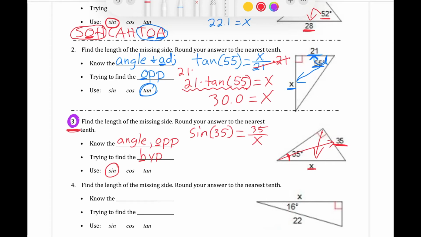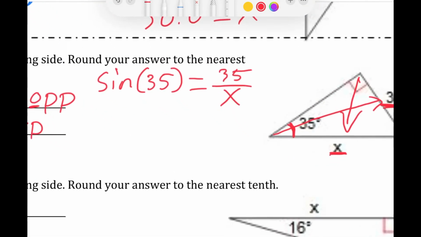So this is one that is circled with purple. This is featured in that video of how to use the calculator. You are going to move the denominator over. So yes, we end up with x by itself.